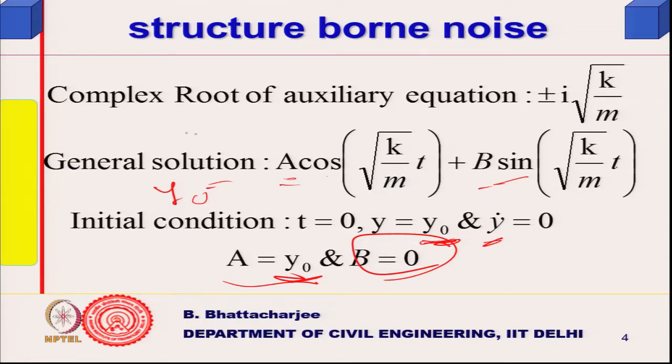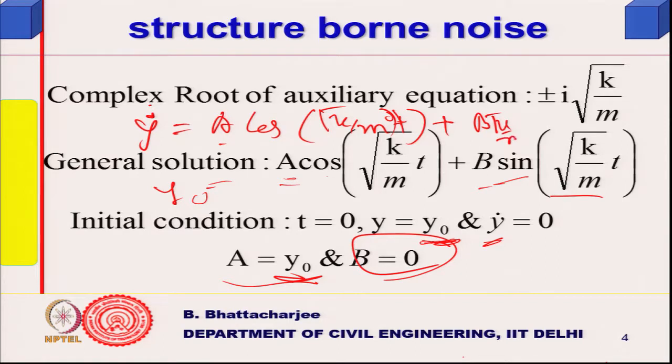Y equals a cos under root k by m t plus b sin under root k by m t. So, y dot will be a sine something multiplied by this factor coming outside. Similarly, this will become b cos function of t after differentiation, and when I put t equals 0, the factor under root k by m will always be there.